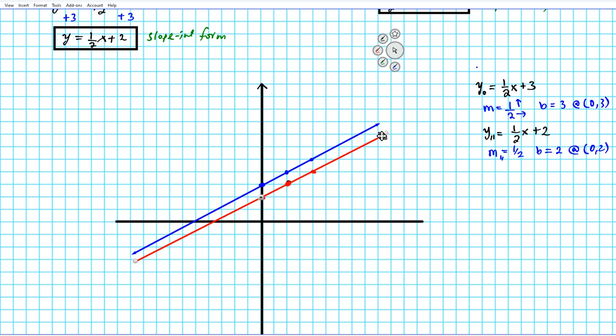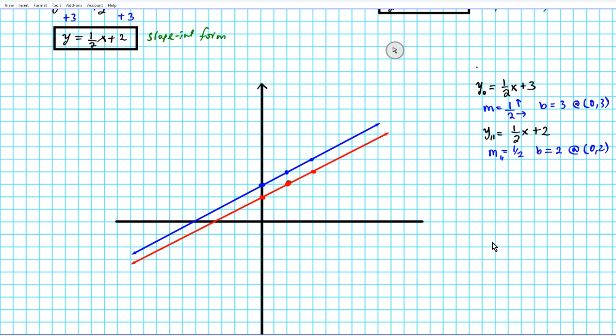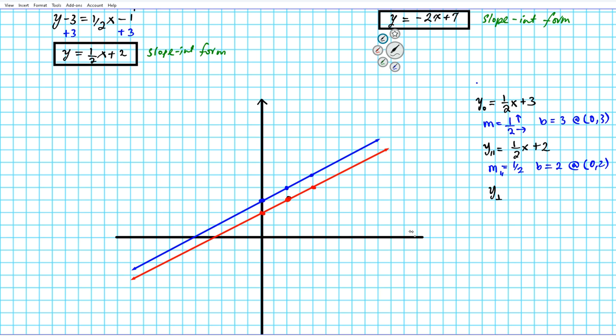Now let's go ahead and draw the last one, which is a perpendicular line. The y perpendicular was, let's see, y equals negative 2x plus 7. In this particular case, remember what we found for the slope.